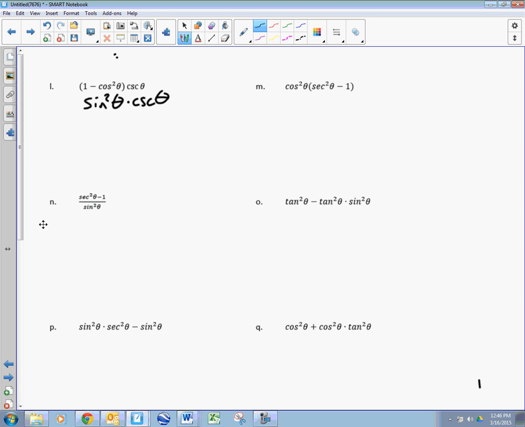See that substitution? Instead of writing 1 minus cosine squared, I write sine squared. That was nice and easy, wasn't it?